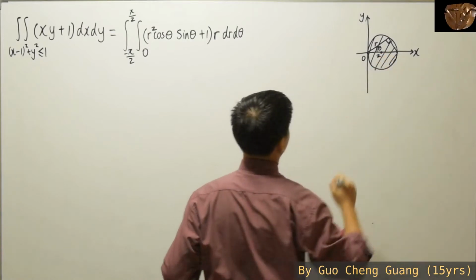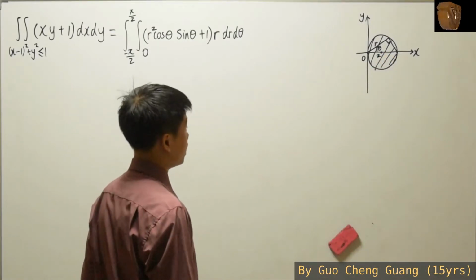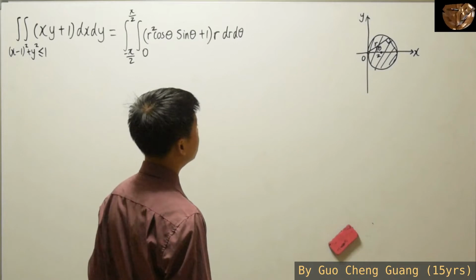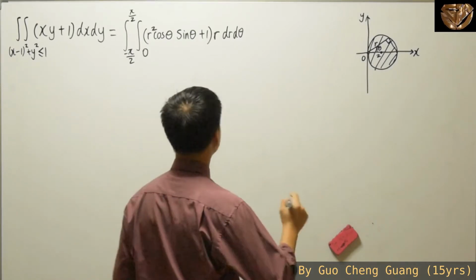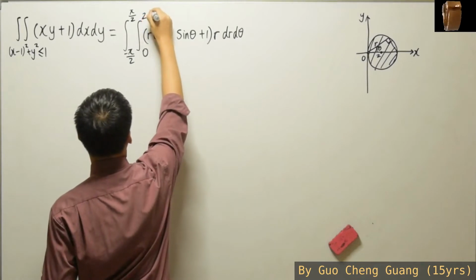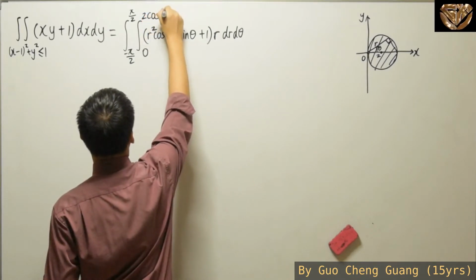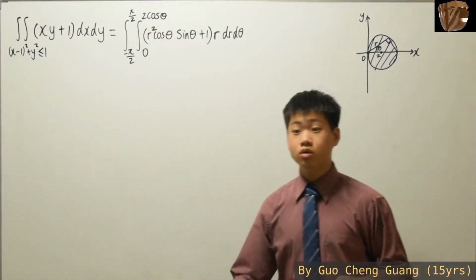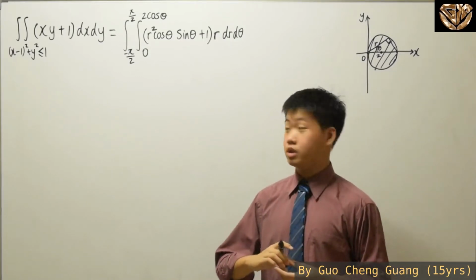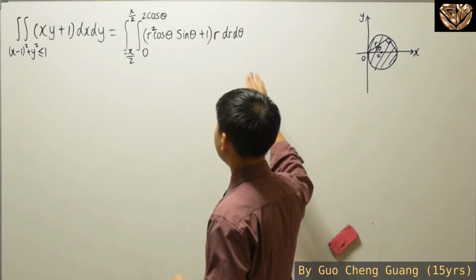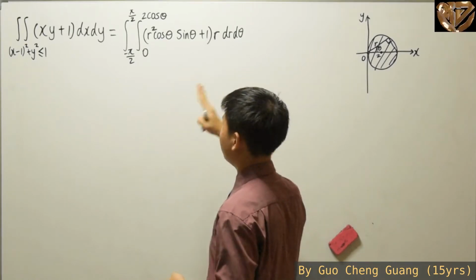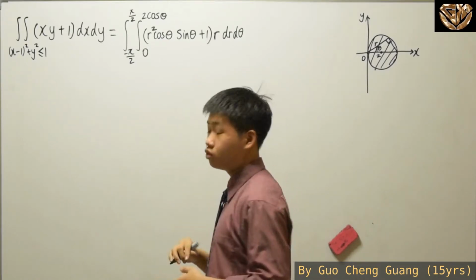In this case, cosine theta is equal to r over 2, so r is equal to 2 cosine theta. So r here will be from 0 to 2 cosine theta, while theta is from negative half pi to positive half pi.